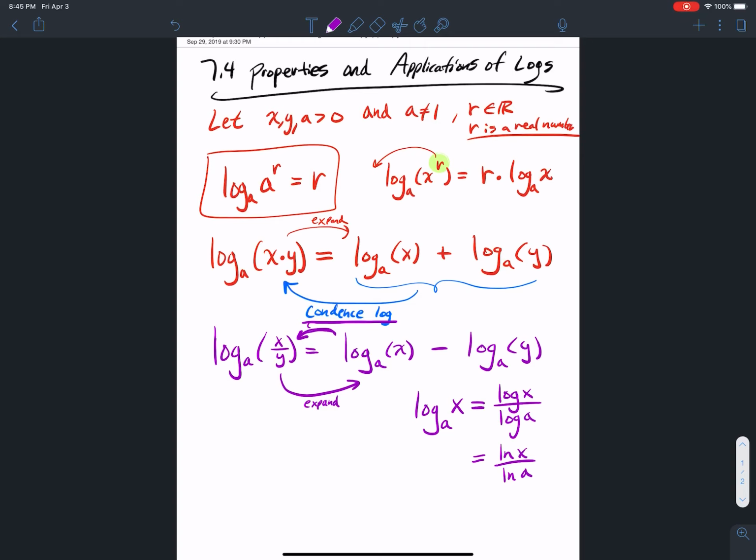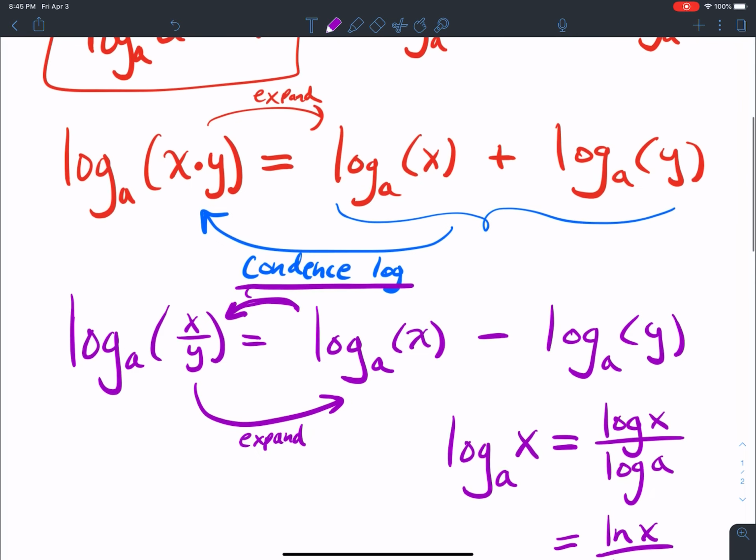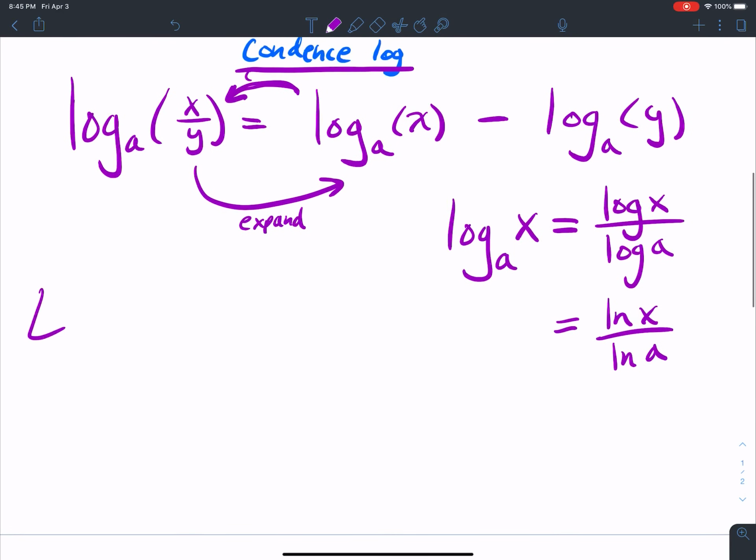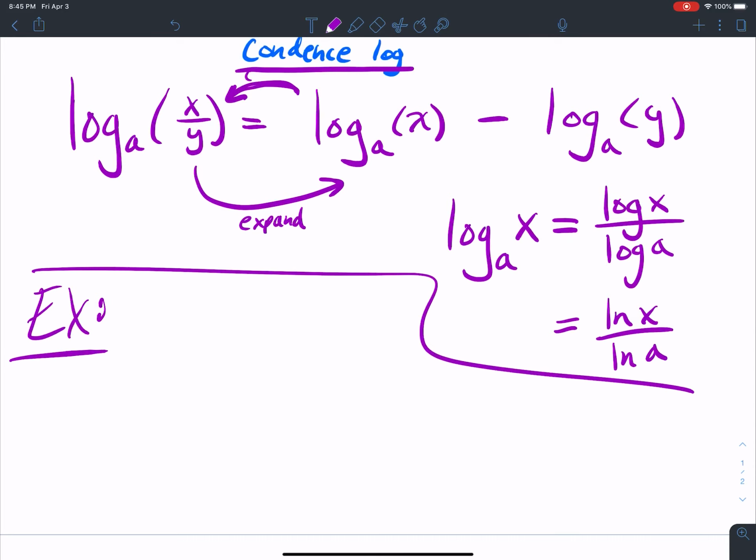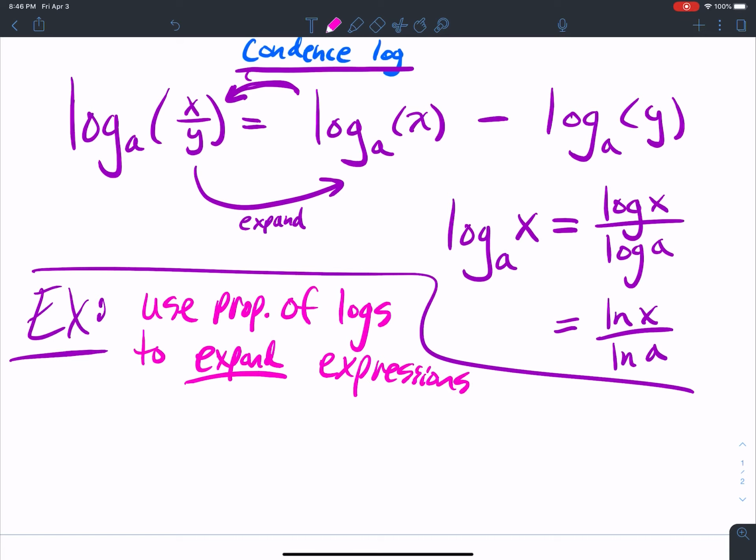I'm going to show you how to condense and how to expand different log expressions. So let's start. Use the properties above to expand the expression as much as possible.